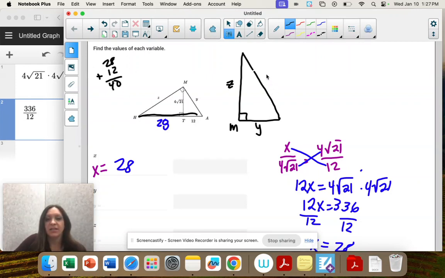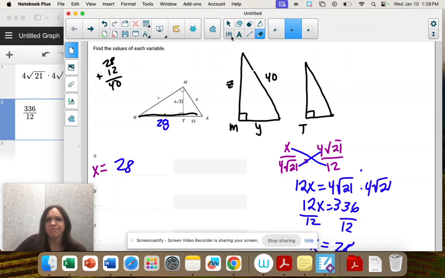So this side length is actually 40 all the way across. And then our medium triangle, the hypotenuse is z. The short leg is still 4 square roots of 21, but now we know the long leg is 28.